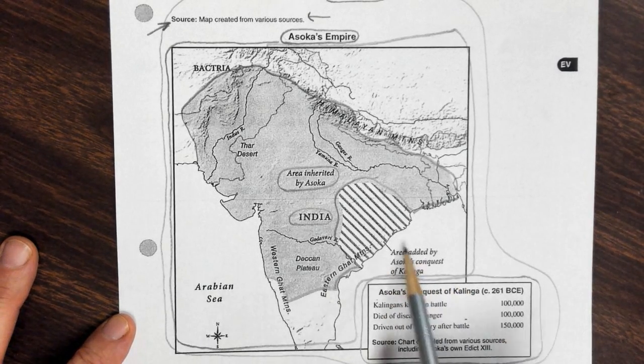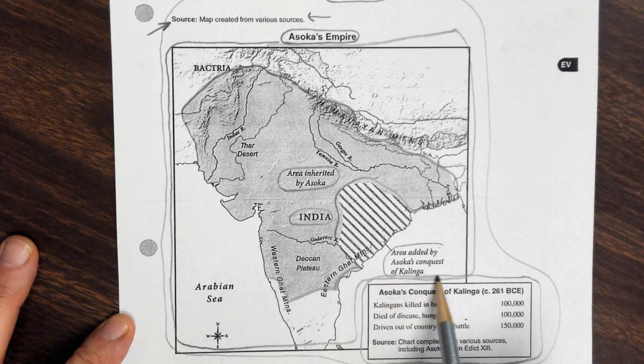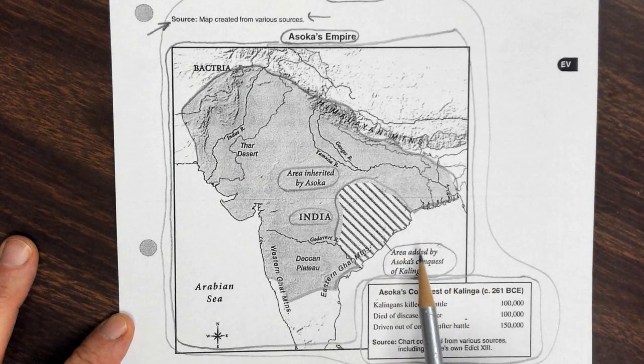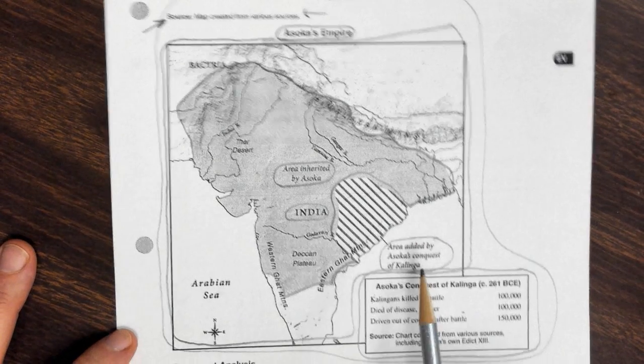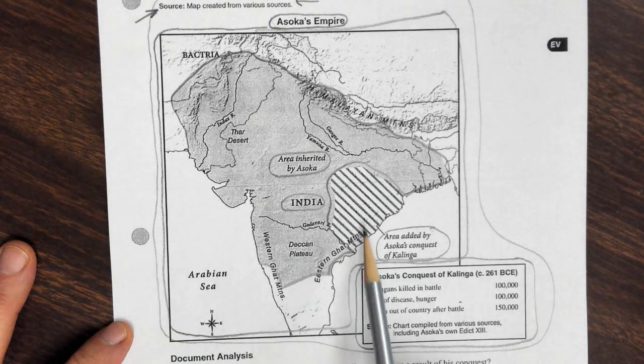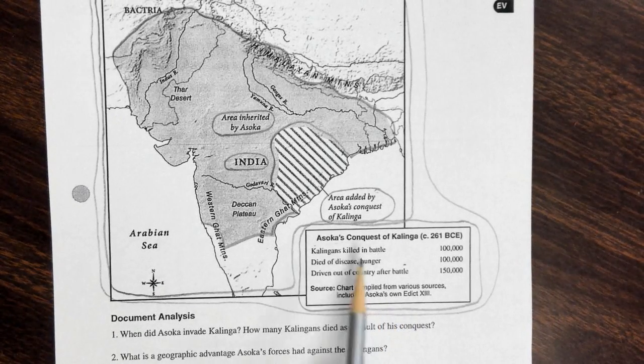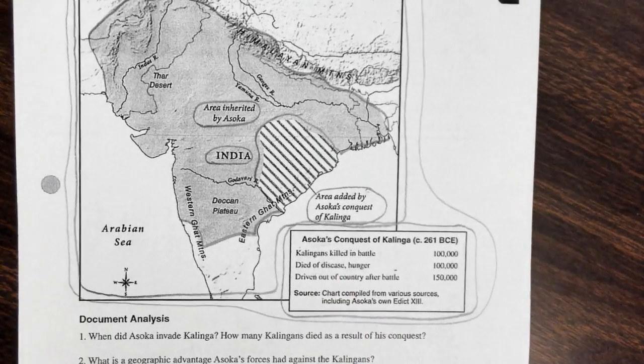Now, in addition to that, you've got this stripy area, and what is it? It is the area, let's circle that note, added by Asoka's conquest of Kalinga. So this is where the Kalingans lived. Alright? Now let's go down here to the box. What does the box show us? Asoka's conquest of Kalinga.